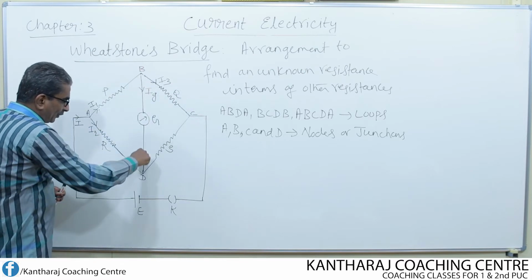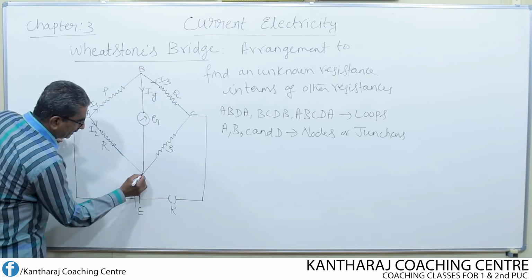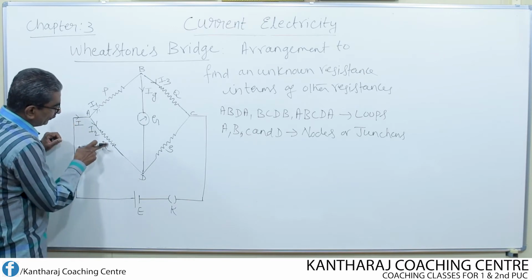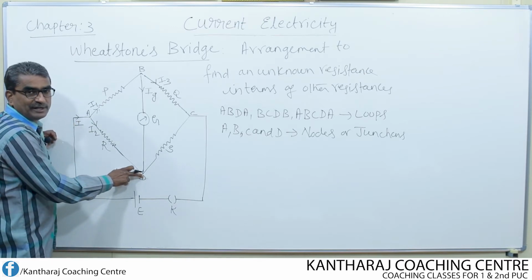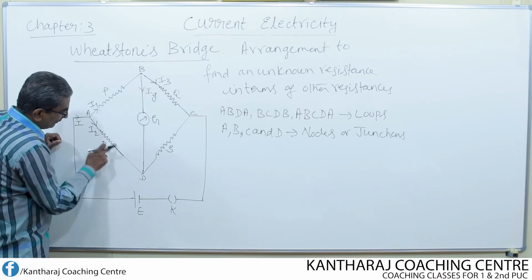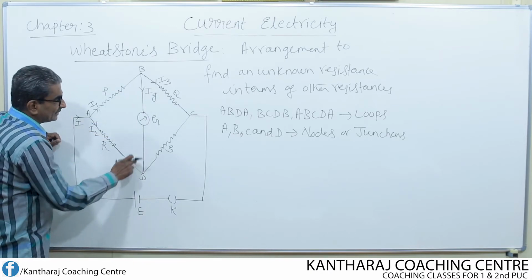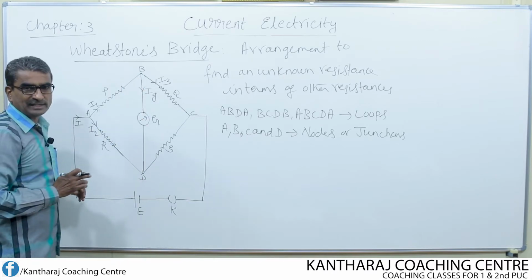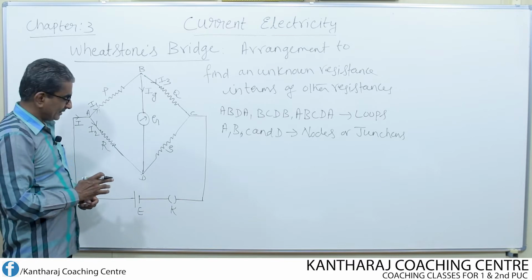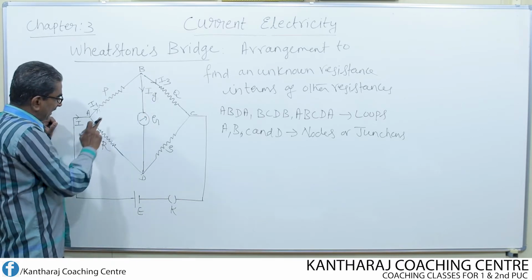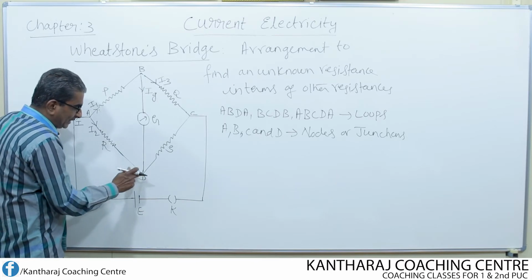This current after flowing through the galvanometer reaches the point D, and one more current which is flowing through R also reaches the point D. So Ig and I2 both meet at the point D.